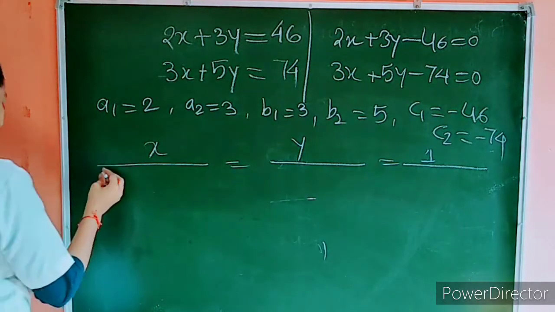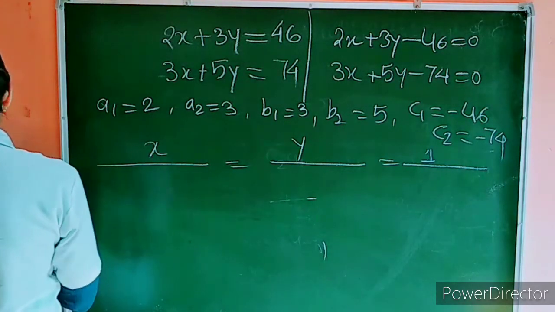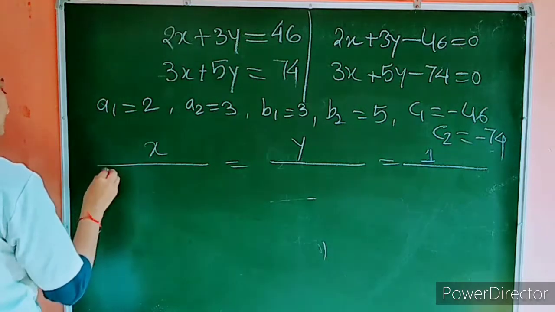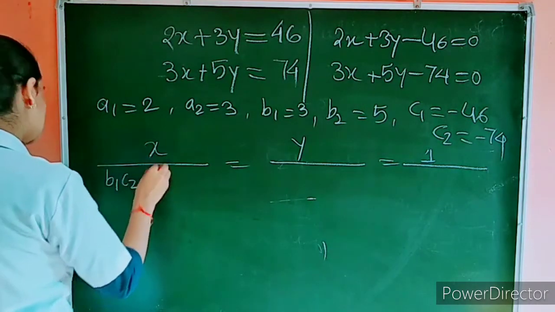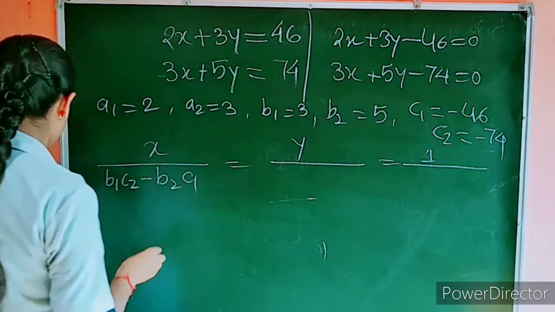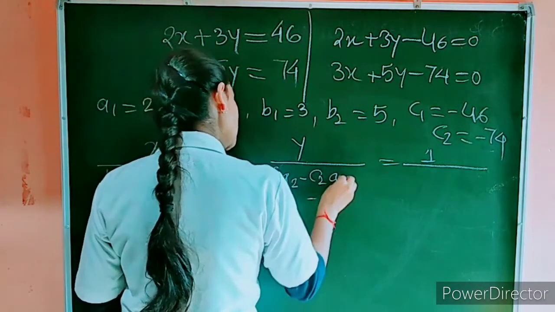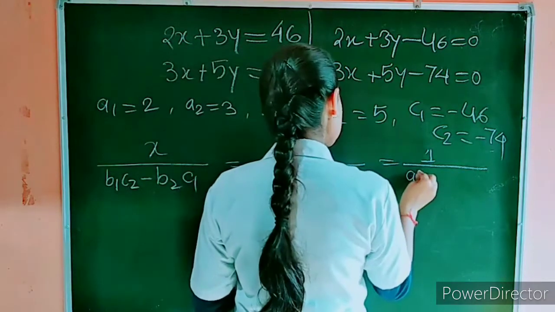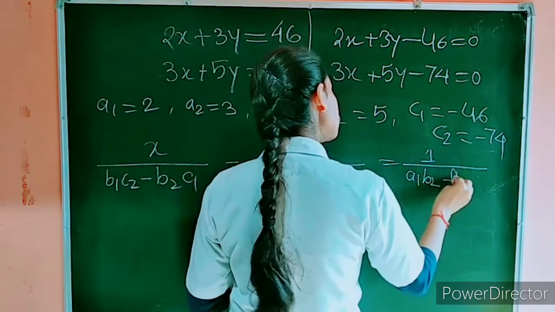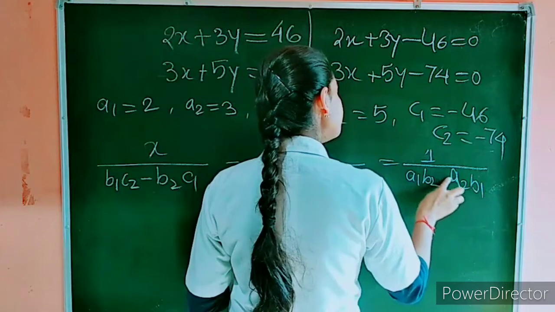The formula of this is b1c2 minus b2c1, c1a2 minus c2a1, a1b2 minus a2b1.